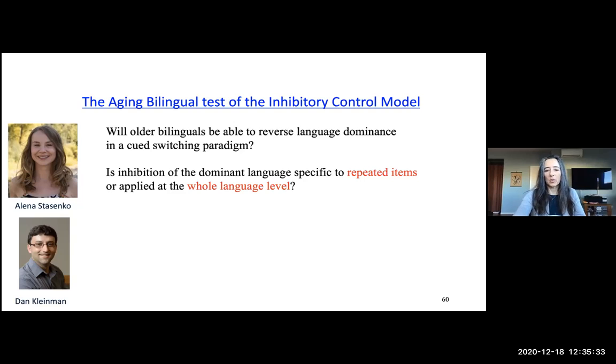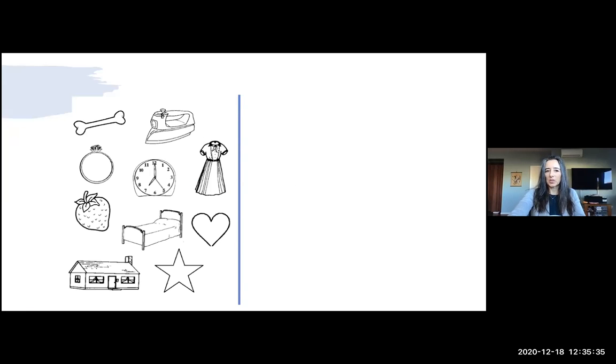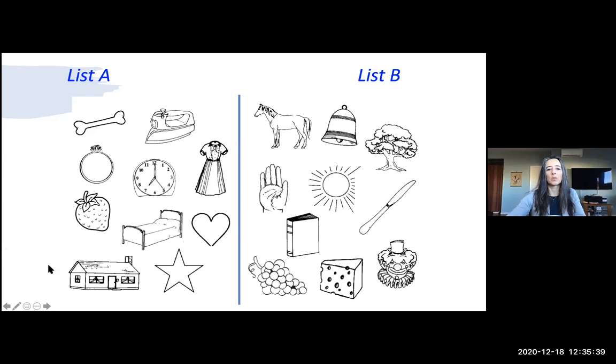To get at this question, we had 2 sets of pictures, and bilinguals first switched languages with 1 set of pictures for 2 mixed blocks, and then they did 2 more mixed blocks where we introduced a new set of pictures and intermixed them all together. And we hypothesized, if it's a whole language effect, we should see inhibition transferring immediately to the new set of pictures.